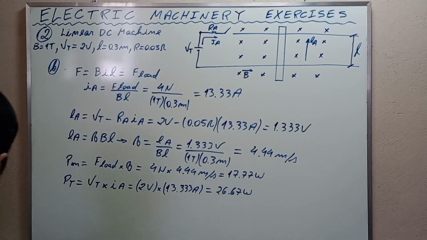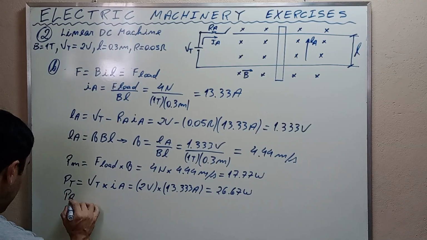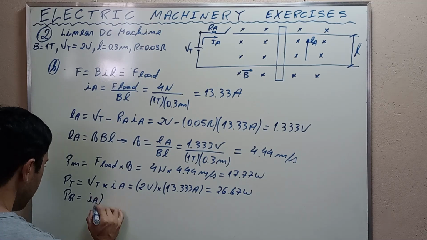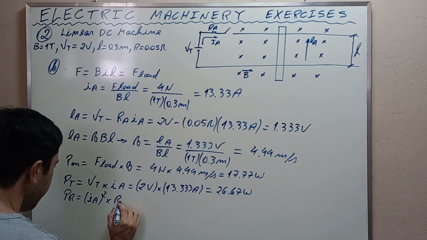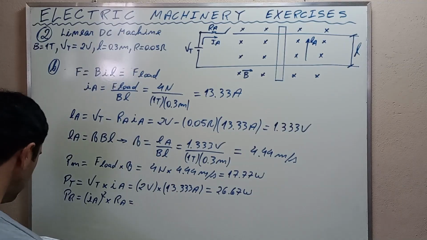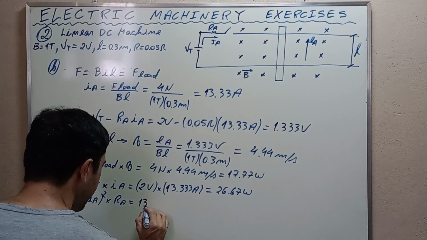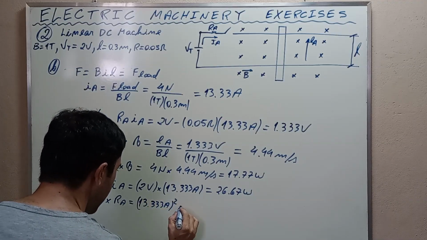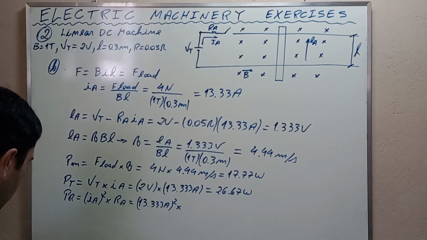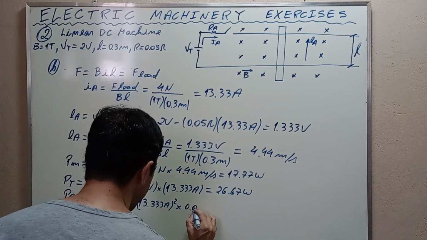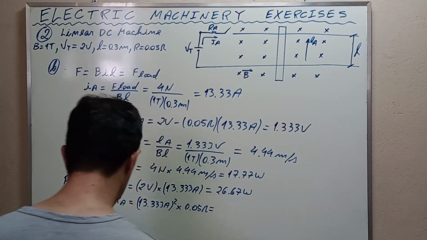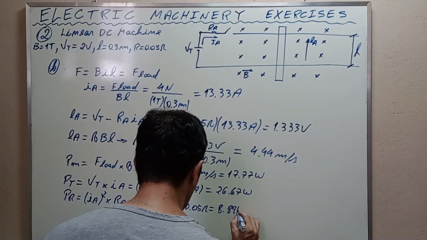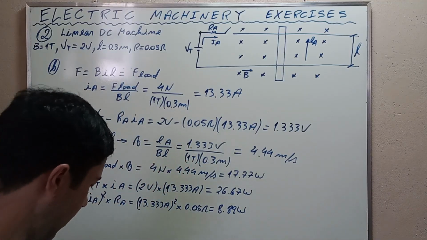The power dissipated in the resistance, PR, is equal to Ia squared times the resistance, and this is equal to 13.333 amps squared times the resistance 0.05 ohms, and this is equal to 8.89 watts.